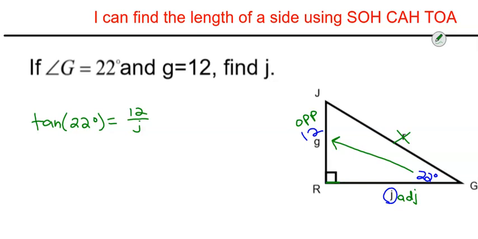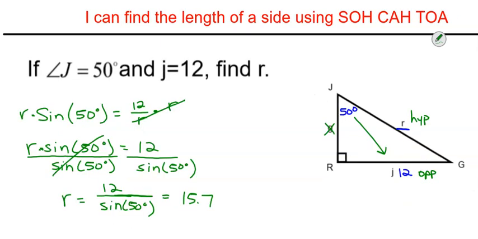You can do those in your head, but when you're writing it down, just skip to that final step. I'm definitely going to be okay with that. So you're actually going to end up with J equals 12 divided by tangent of 22. I'm just going to flip back to our last slide, and you can see what I'm doing here is skipping this step and going on to the last step.